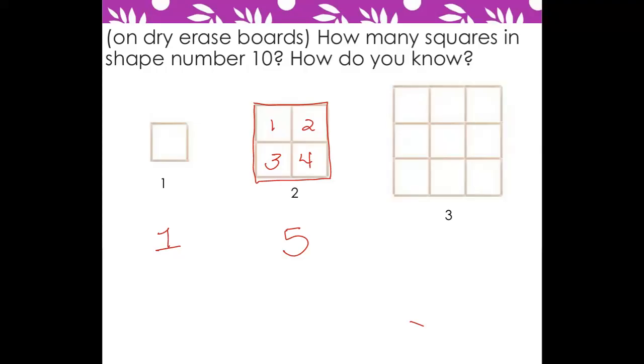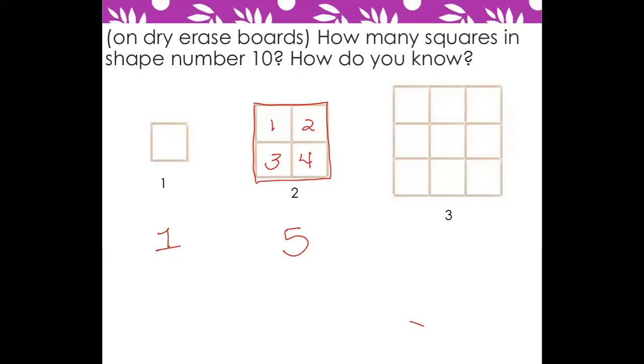Take your time, doodle on the board if you want to. Maybe you need to change your answer, maybe not. How many squares are there? Write down how many squares in the 3 by 3.